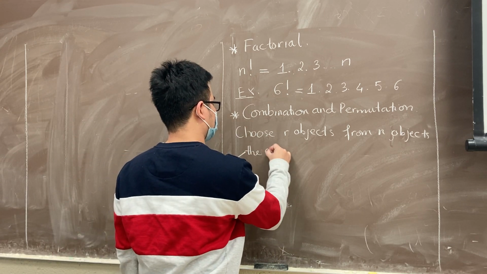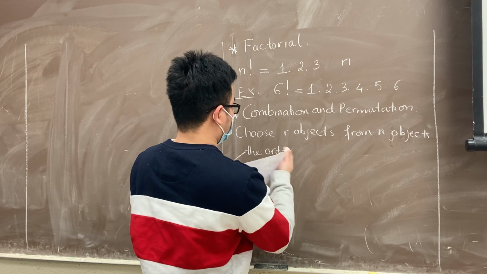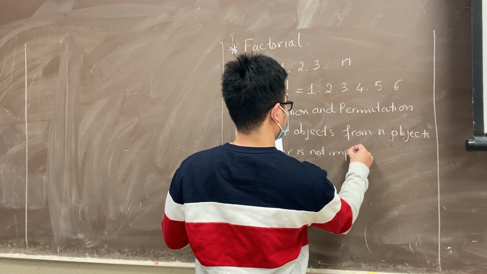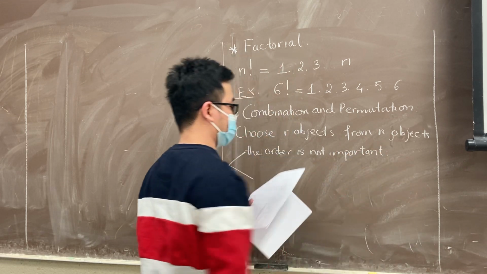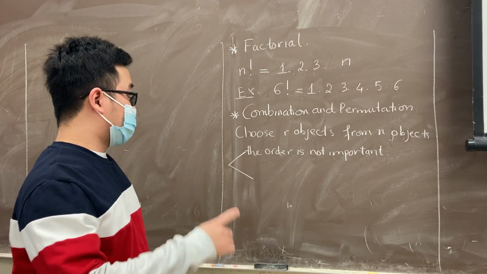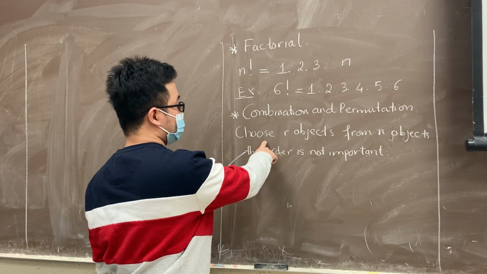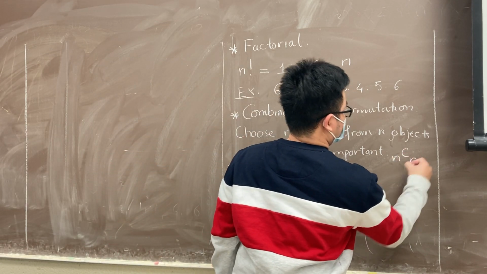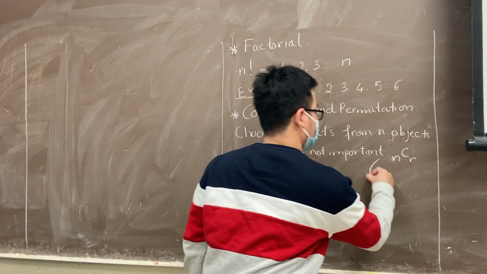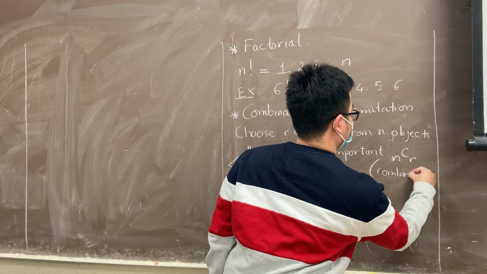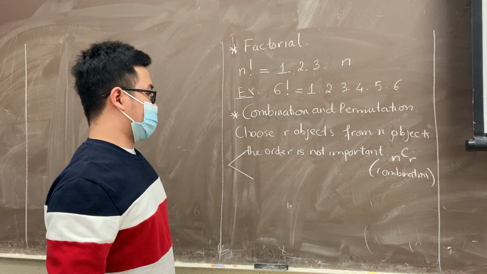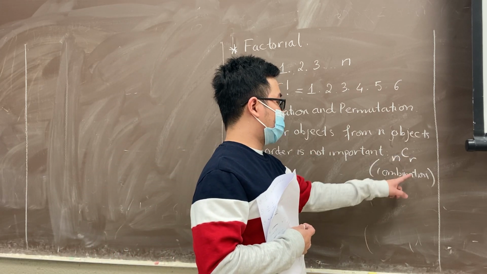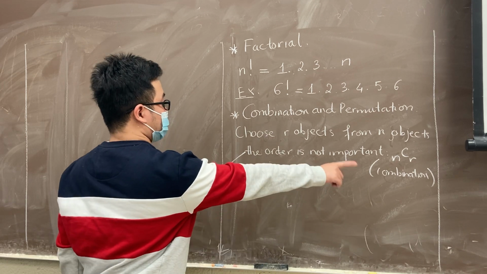When the order is not important, the number of ways to choose r objects from n objects is nCr. That means we will use combination, calculated by this formula.